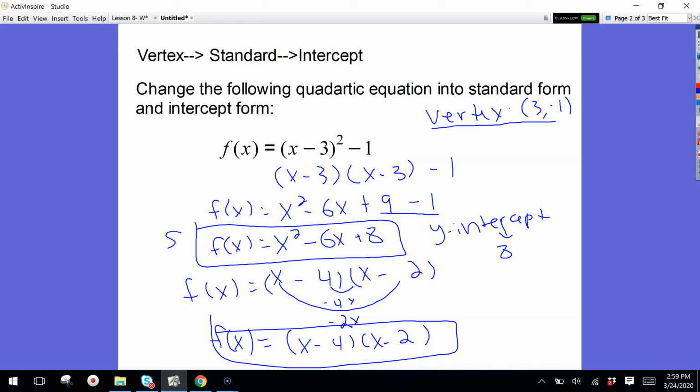And here, I can tell that my zeros are 4 and 2. So that's a lot to say from this one equation. I was able to get a lot of information about this graph. I can probably sketch it at this point. I can make the vertex, the y-intercept, and the zeros and connect the dots to give a picture of what this looks like.